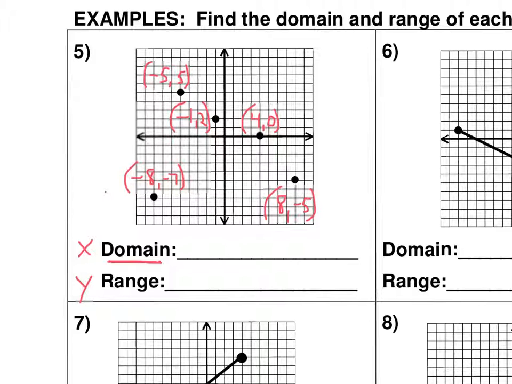So all of the x values would be -5, -8, -1, 4, and 8. So that's your domain. Then you're just going to list your y values, and your y values would be 5, 2, -7, 0, and -5. And yes, you can list them in order if you'd like. So that's your domain and range for 5.